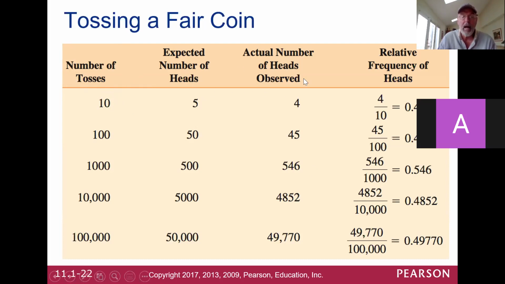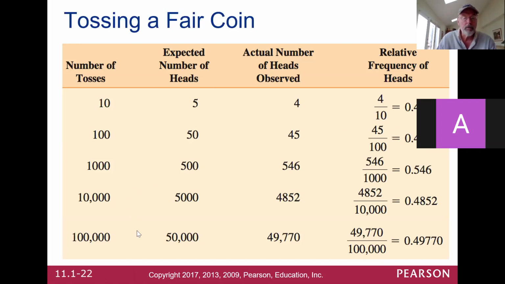But what actually happened was we got four heads, so the relative frequency here is 0.4. We could do this for a number of different things, 100, 1,000. For 1,000, the expected number of heads is 500. We might not get 500, but we could get 546, and in that case the probability is 0.54.